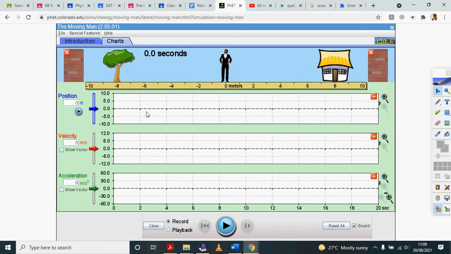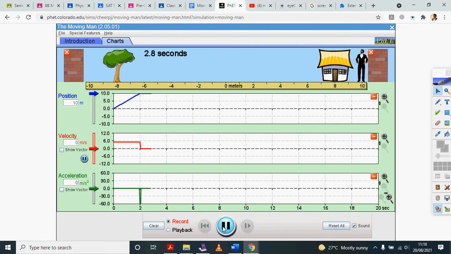So for example, let me just put random values. If I put 0, and then I give him a velocity of 5, what's going to happen? Try to pause it each time just before he hits the wall, because if you let him hit the wall, then your graph will have funny things like what you see.